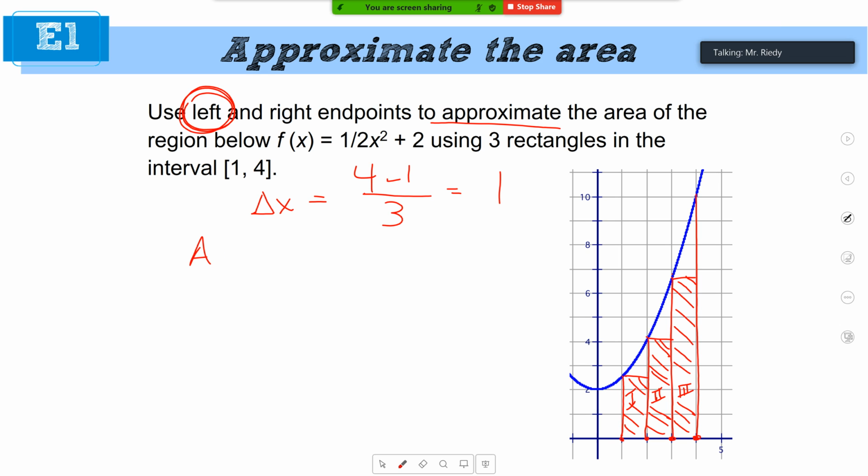All right, the area of rectangle 1, I know it's 1 unit wide. How tall is that first rectangle? I don't know what it is. How would I figure it out?